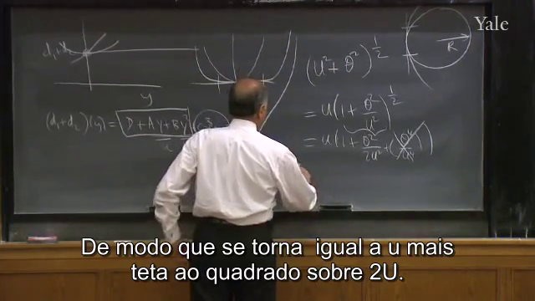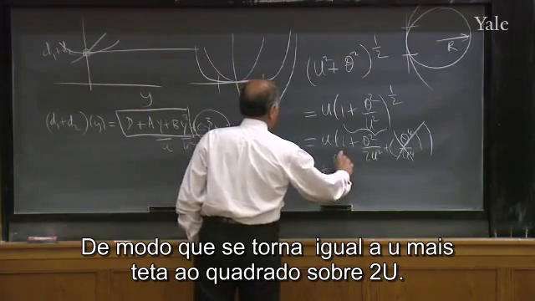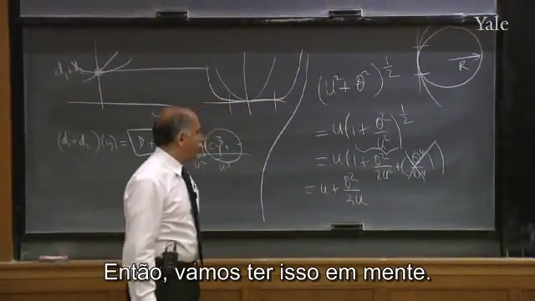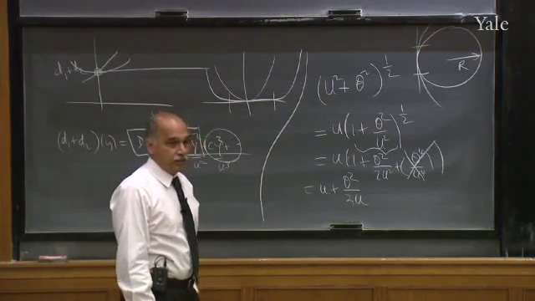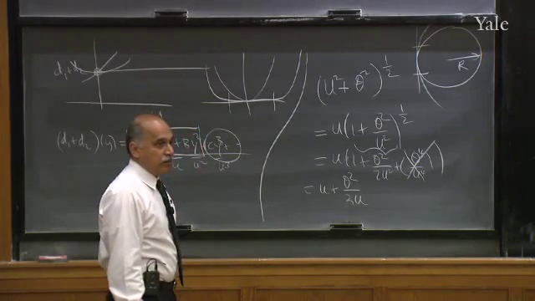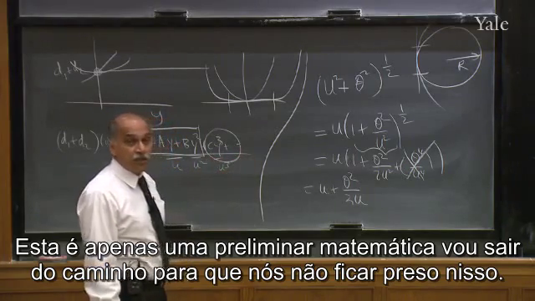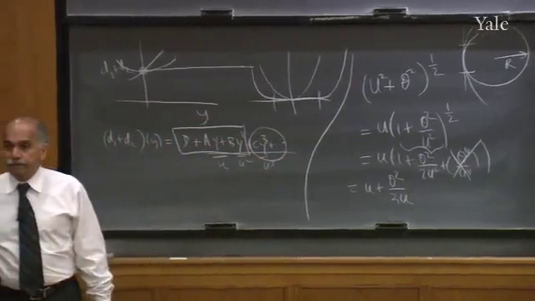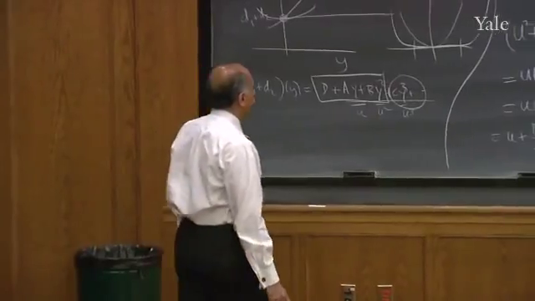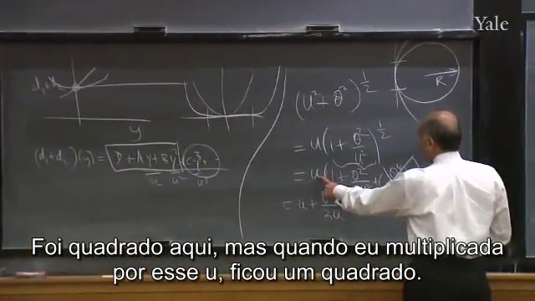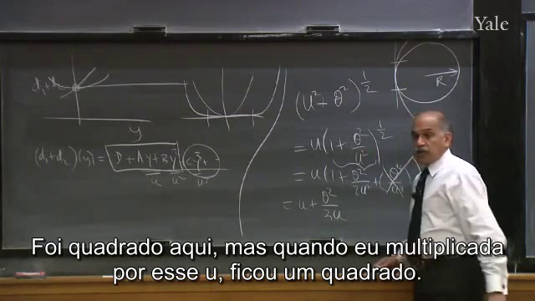So that becomes equal to u plus theta square over 2u. So let's bear that in mind. This is just a mathematical preliminary I'm getting out of the way so we don't get stuck in that. Is the unit now squared? It was squared here, but when I multiplied by this u, it got unsquared.